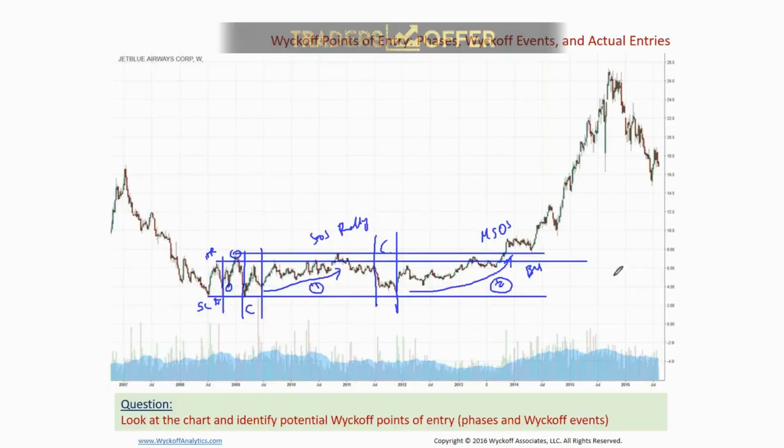And what would be the differences between these two rallies that would give us an understanding that indeed the second rally is our sign of strength rather than the first one? The difference between these two rallies is commitment above the resistance level and progression of price.